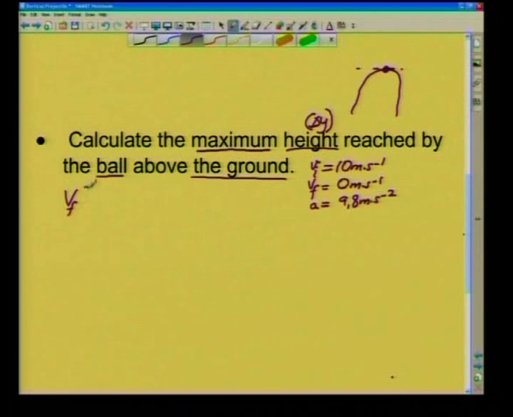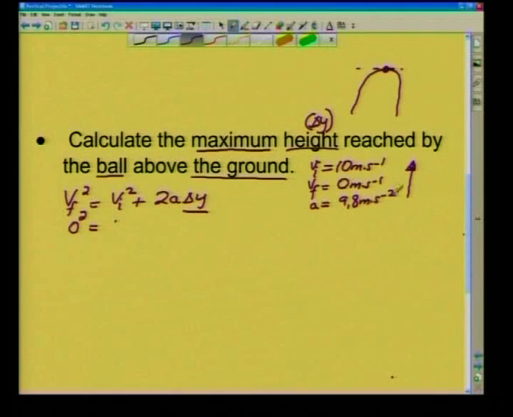V final squared equals V initial squared plus 2 times the acceleration times delta y. So I will be able to get delta y, because V final I know is 0. So this is 0 squared equals V initial squared. Now, very important: we're dealing with vector quantities here, so we need to make a choice.